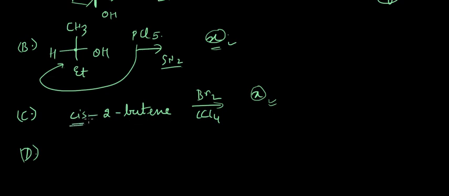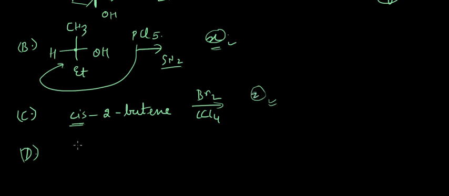Had it been a trans, then it would be a meso compound. If it's a cis, then we would actually have diastereomers. Okay, so rather than X, I would like to say that it would have a racemic mixture. So racemic mixture points to Z.